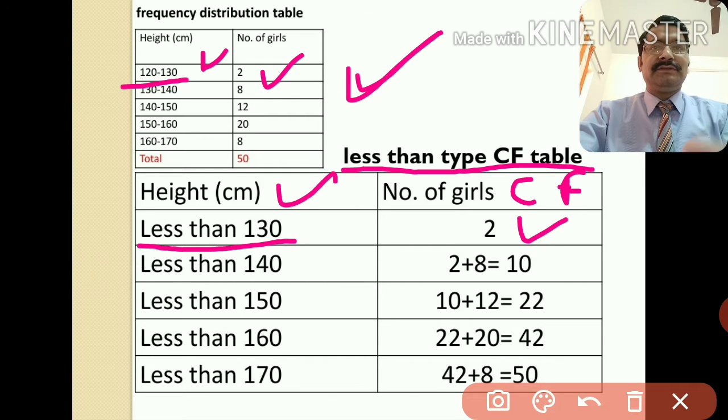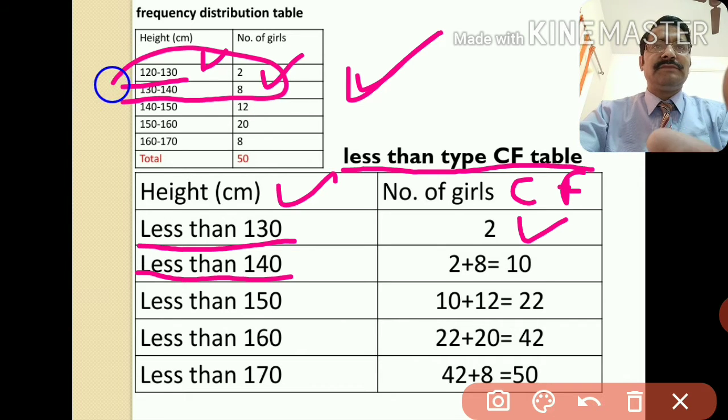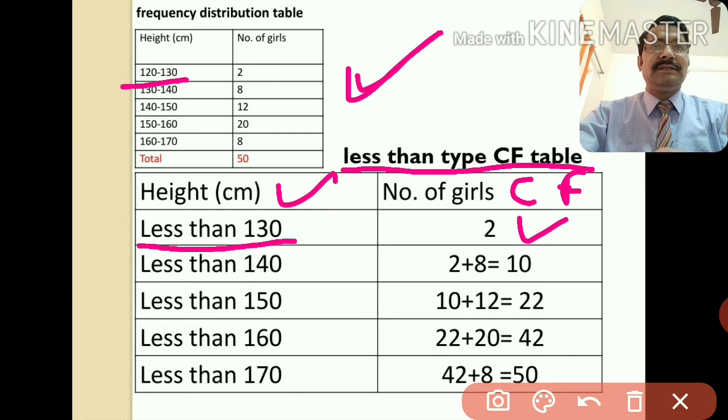So we write here 2, and less than 140 means we have both of these terms, so 8 plus 2 will be 10. Now less than 150 means all these 3 portions are less than 150, so we add 10 plus 12 and get 22. Then the next part is less than 160.